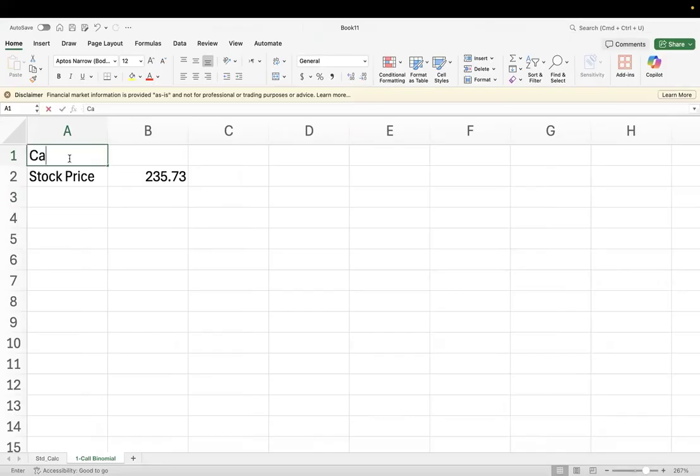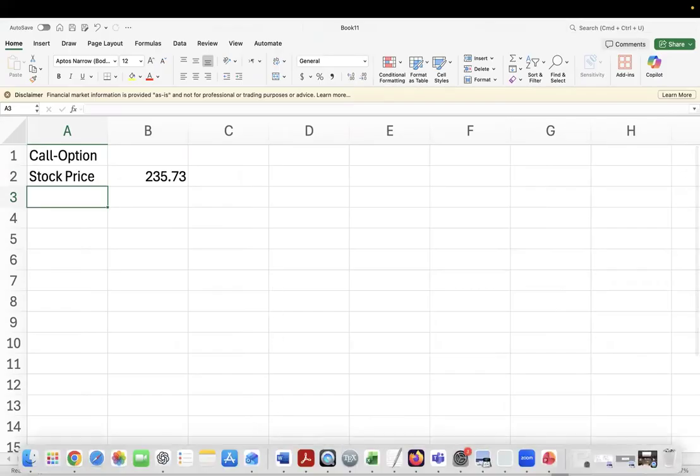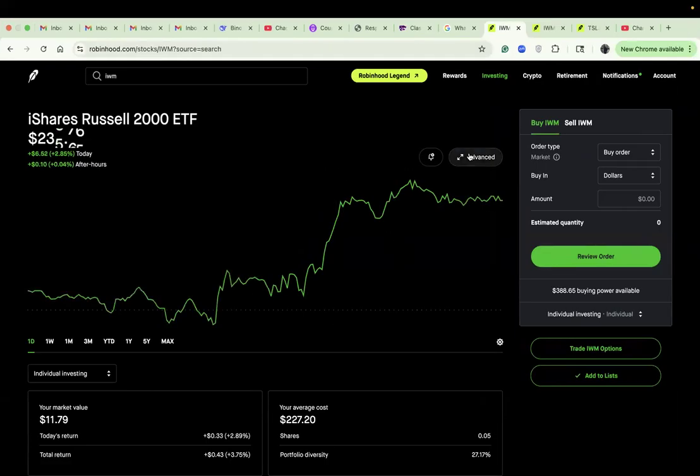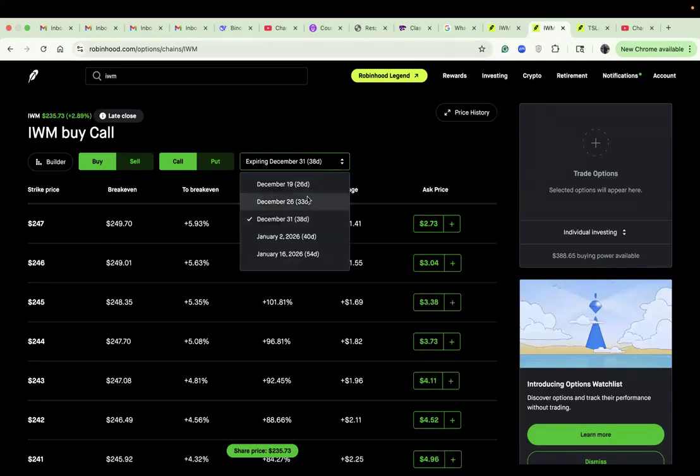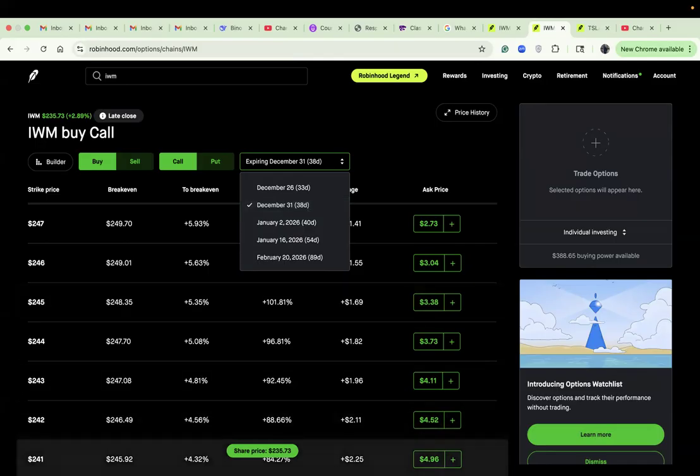So I'm going to write here call option, and then let's choose the end of the option that we want to do. We can do whatever we want. Right now, how about we just calculate it for December 31st? So it's 38 days up to expiration date.